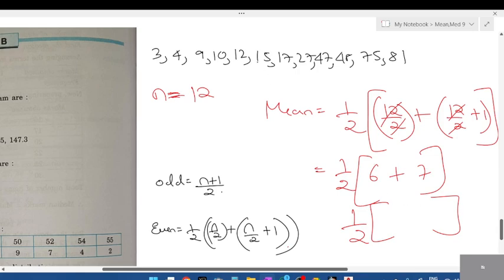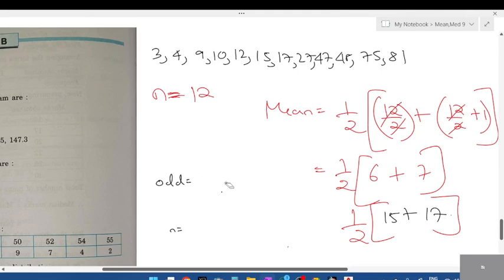What is the sixth number we have? 15. What is the seventh number? Not 27, 17. Sorry. Don't add 6 plus 7. It is the sixth observation plus the seventh observation. That's the concept.